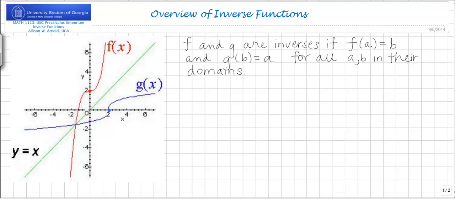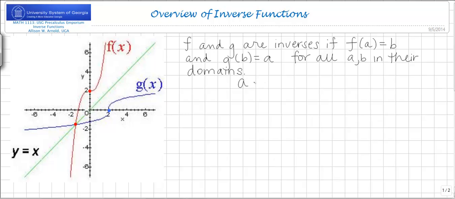Likewise, another one easy to pick out, the graph of f of x appears to have the ordered pair negative 1, negative 1. And since negative 1 and negative 1 are the same value, when you swap them, you should get the same result. So basically, in order to find an inverse, you want to check this property that they reverse each other.